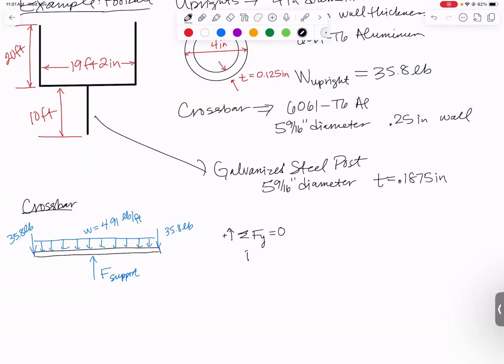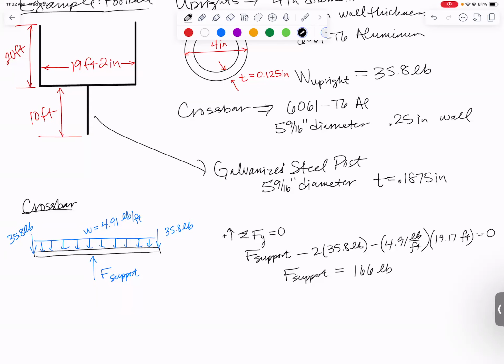If we do that, we've got the support force upward minus 2 of those 35.8 pound loads from the uprights minus 4.91 pounds per foot times the length of that crossbar, which I converted into feet is 19.17 feet long. That all has to equal 0. And doing that, we can calculate the force in the support, which comes out to be 166 pounds if we round it. We need to figure out how big the stress is.